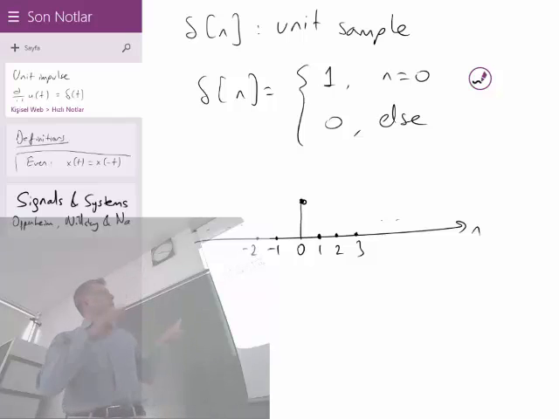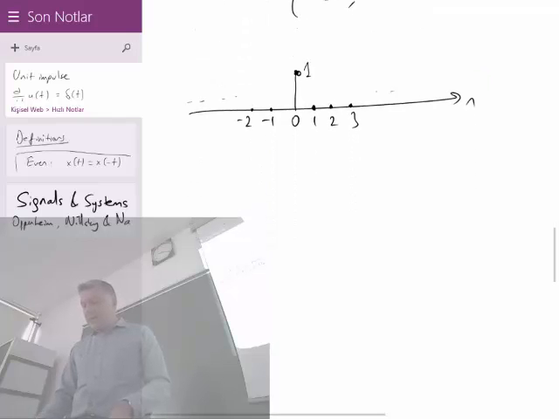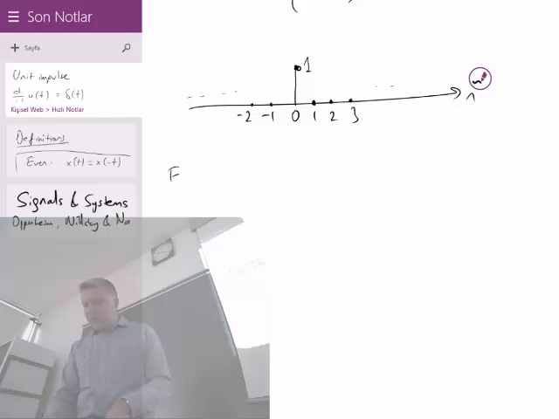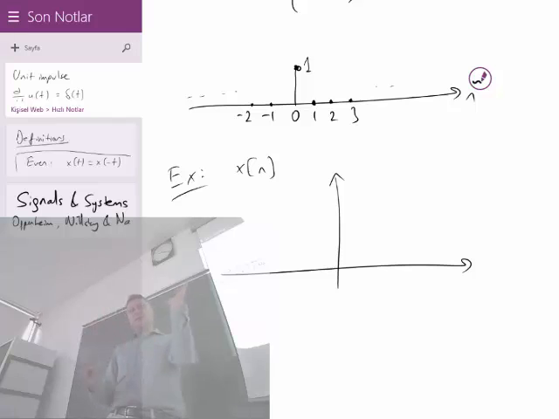So to the right and to the left, they are all zeros, and at n is equal to 0, we have one unit sample whose magnitude is 1. Of course, you have to indicate that. So, in general, a discrete time signal is drawn like this. We are going to draw x of n. You can put a 0 axis to indicate where 0 is.